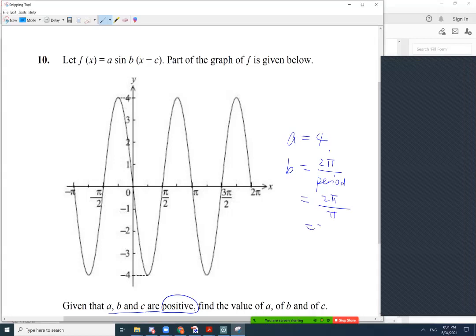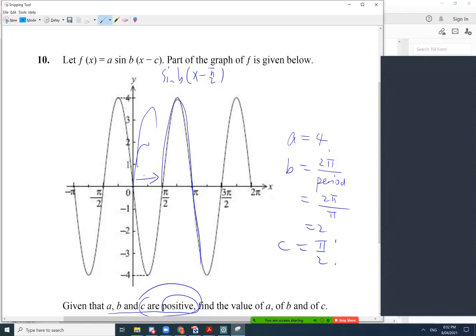So B is just 2. C. Charlotte, what's C? They told you all positive. Yes. Because sine of Bx minus pi over 2 just means you move the sine graph to the right, like this. So C is just pi over 2.